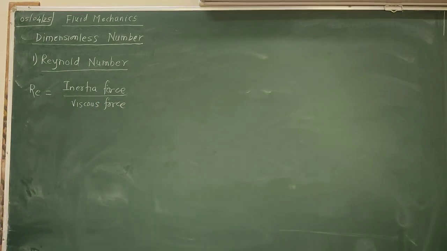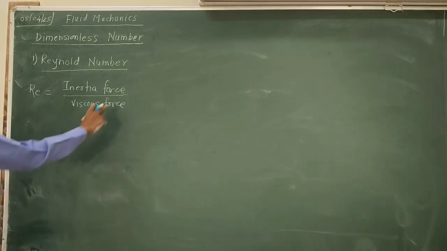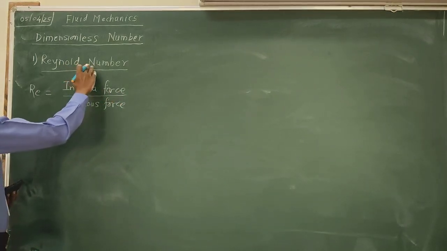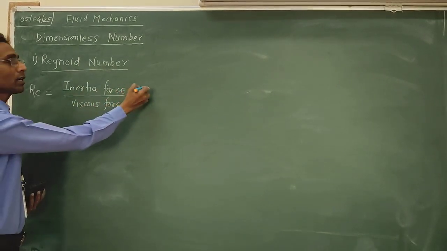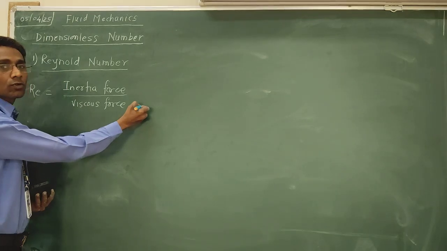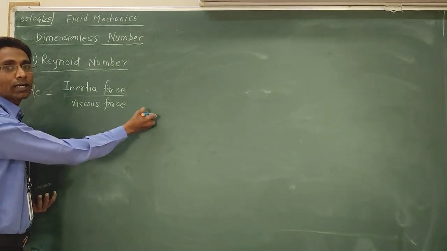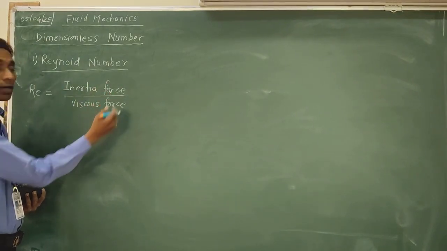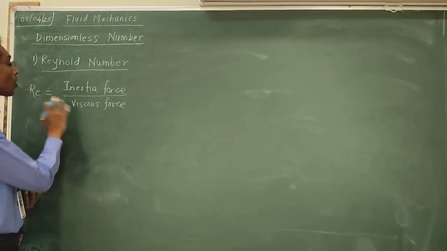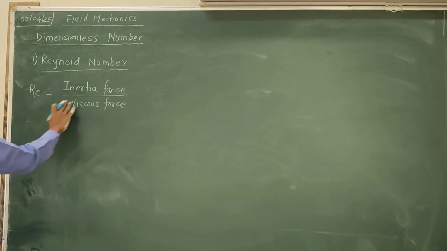As I mentioned, it has no dimension: the inertia force unit is Newton, the viscous force unit is Newton, they get cancelled, so it is a dimensionless number. Now how do we obtain rho V D by mu? That we will see now.